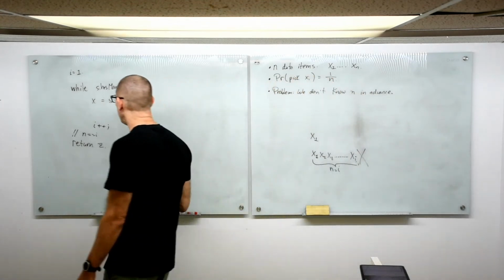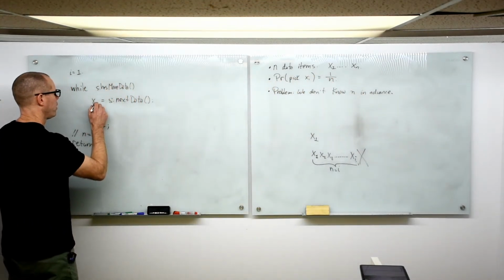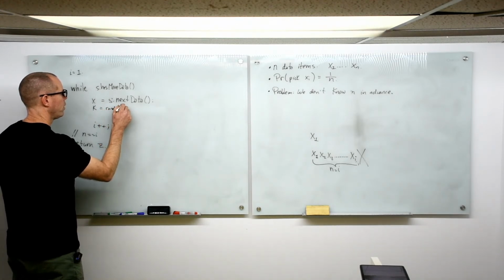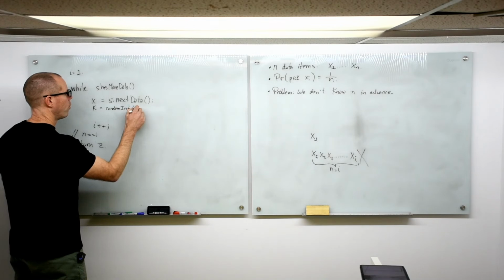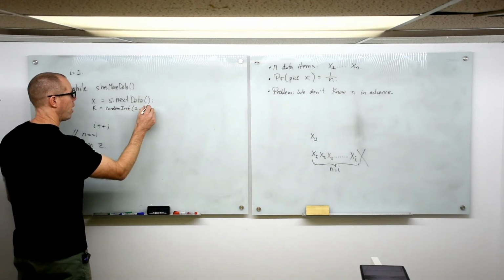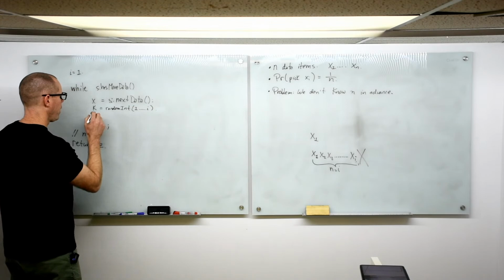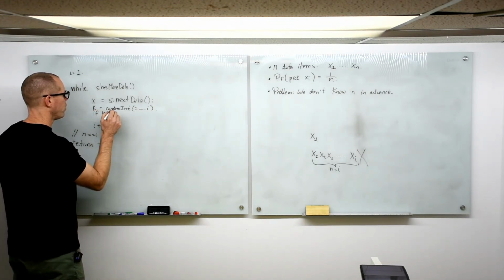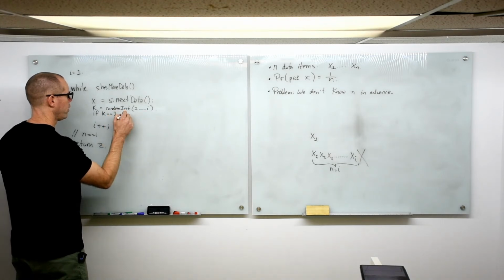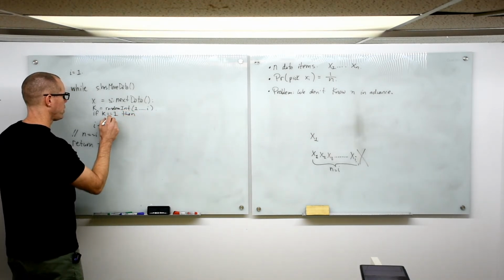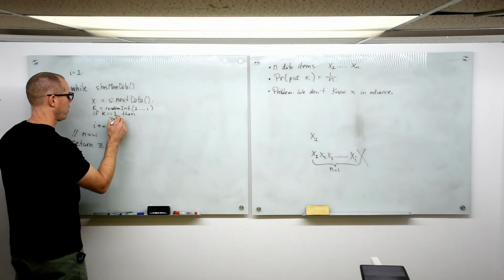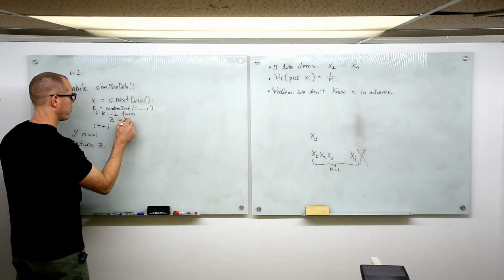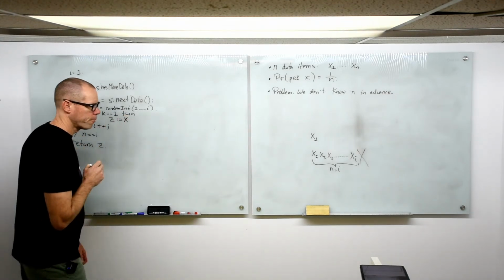So let's do something like k is equal to random int in 1 up to i, and then if k is equal to 1, then say z is equal to x.